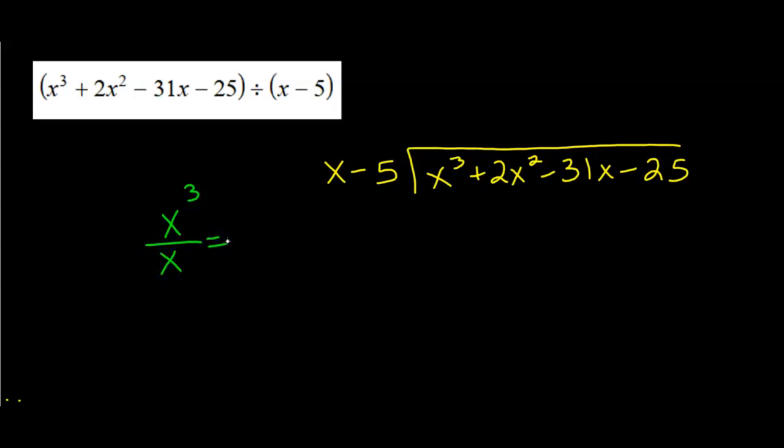X cubed divided by x is going to give me x squared. Now I'm going to take my x squared and put it up top, but I want to keep my powers of x lined up. That's why we have to use placeholders if we're missing anything, because if I did not have an x squared in this one, then I wouldn't have anywhere to put this quotient.